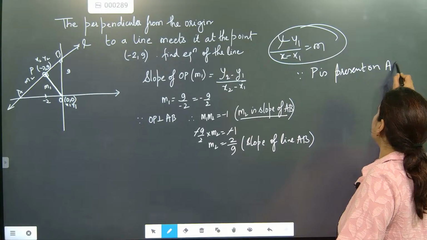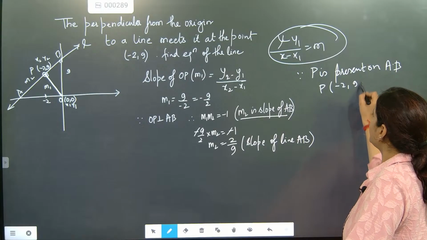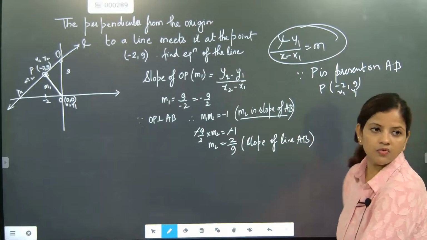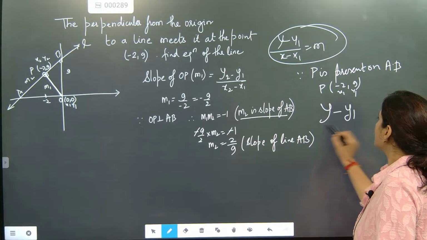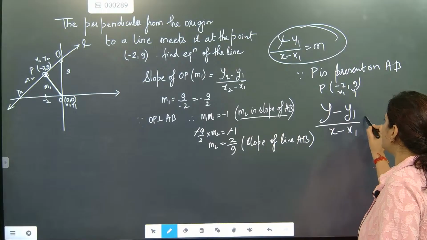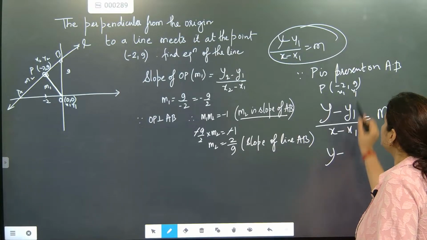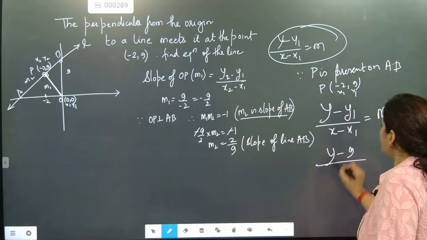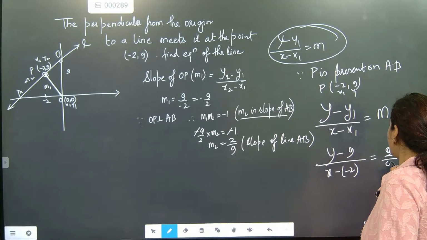So since P is present on AB, P value is coming as -2 comma 9. We will take it as x1 and y1. So what is the equation of the line? (y minus y1) by (x minus x1) is equal to slope m2. So y minus 9 by x minus of minus 2 is equal to 2 by 9. Solve it.